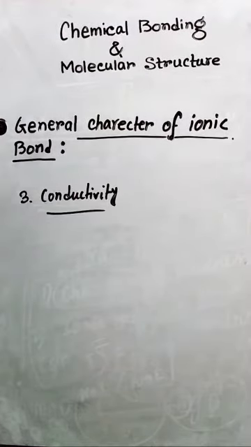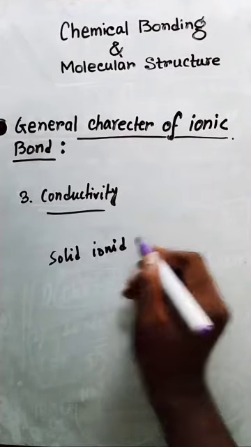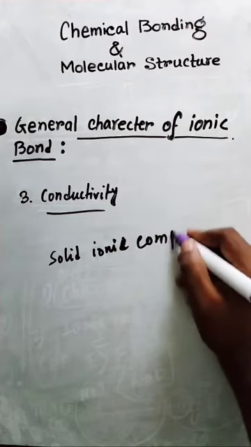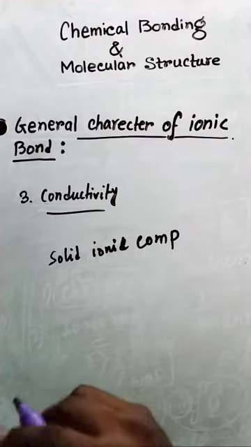The third characteristic is conductivity. In order for a substance to conduct electricity, it must contain mobile particles capable of carrying charge. Solid ionic compounds do not conduct electricity because the ions, or charged particles, are locked into a rigid lattice.